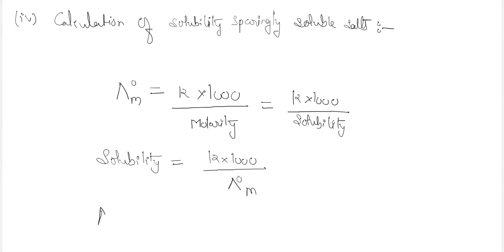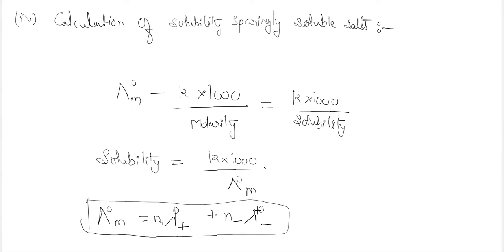And we know that the molar conductance at infinite dilution is calculated from the formula n plus lambda naught plus n minus lambda naught minus. By picking out the values from here, we can easily calculate the solubility also.